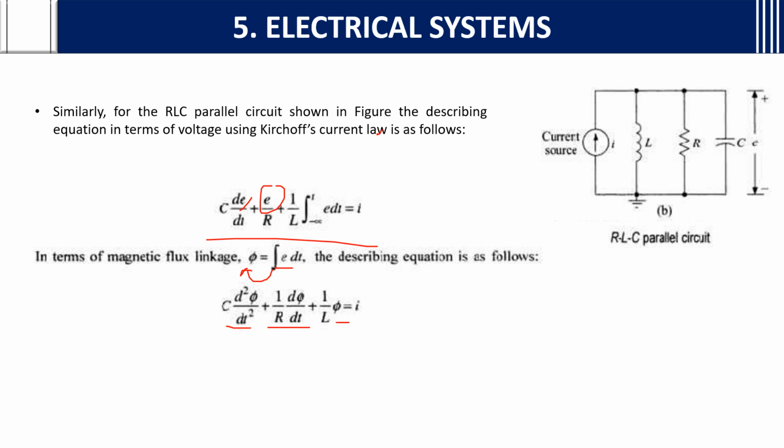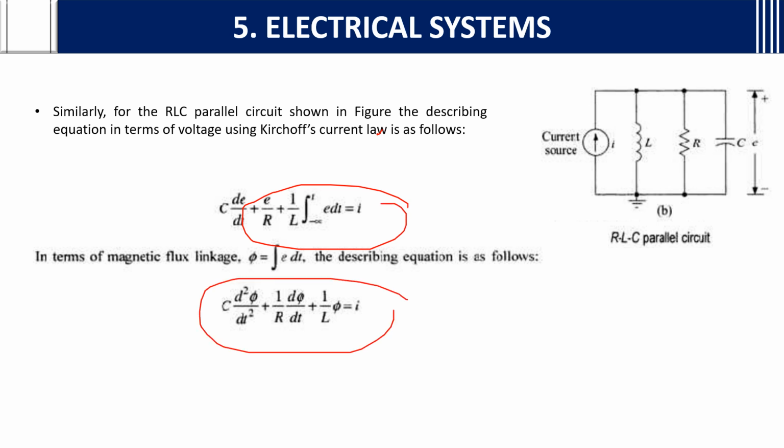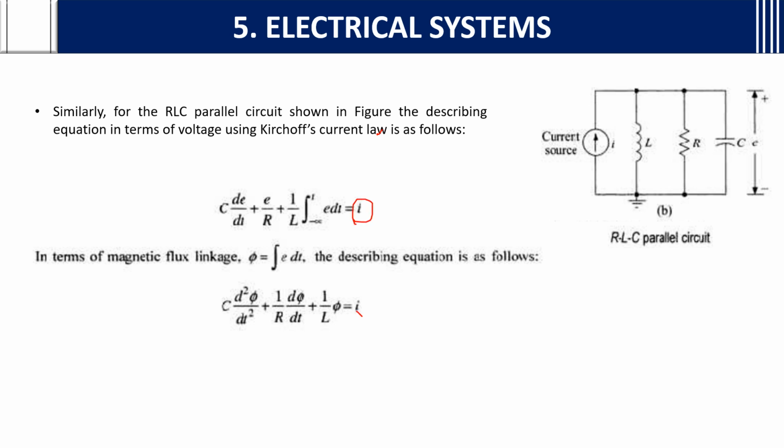So we have seen the series circuit with the electrical elements and the parallel circuit with the electrical elements and their equations. In terms of series we write the equations in terms of voltage E, charge and current, whereas here we write the equations in terms of current, that is in terms of phi as well as the voltage source.